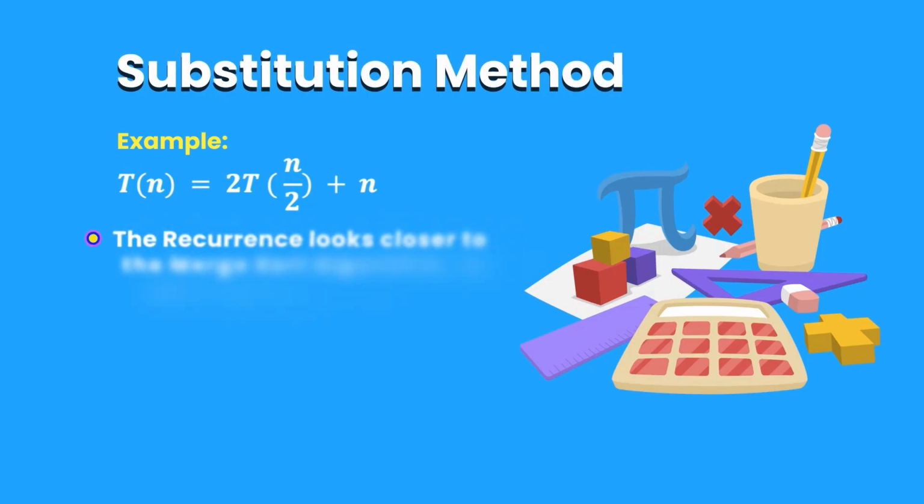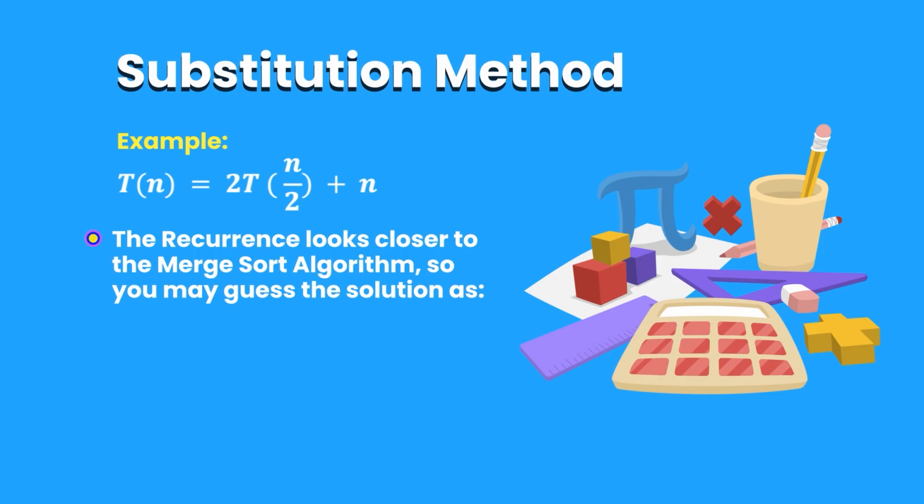Plus n defines the number of steps required in addition to bring the solutions of those two parts into a single solution. That is how this recurrence relation can be understood. This recurrence looks very close to merge sort.